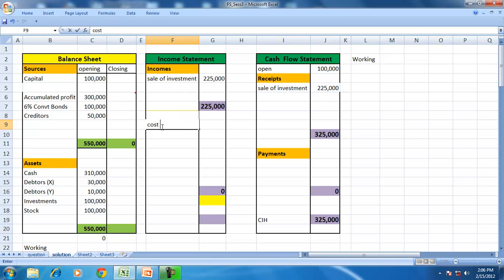Whenever there is a sale, there has to be a corresponding cost, and the corresponding cost is 80% of the investments. So therefore investment left out at the end of the year will be 20,000.